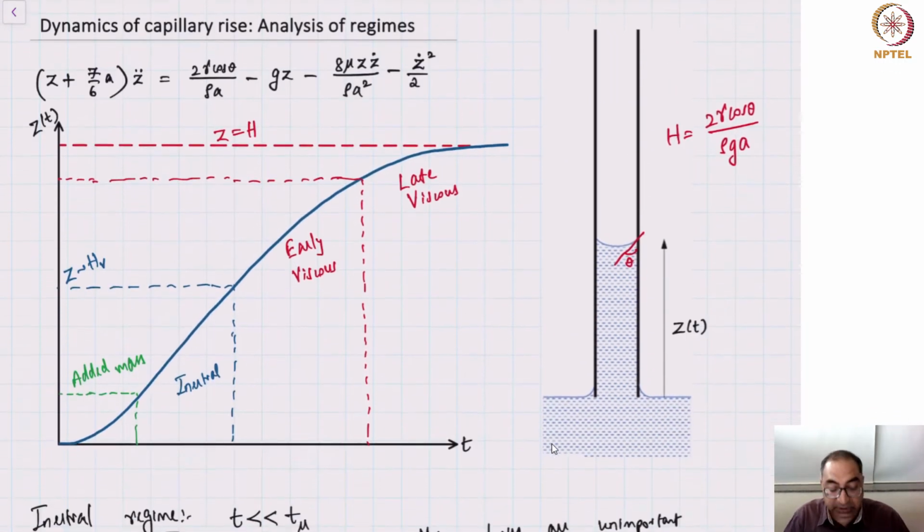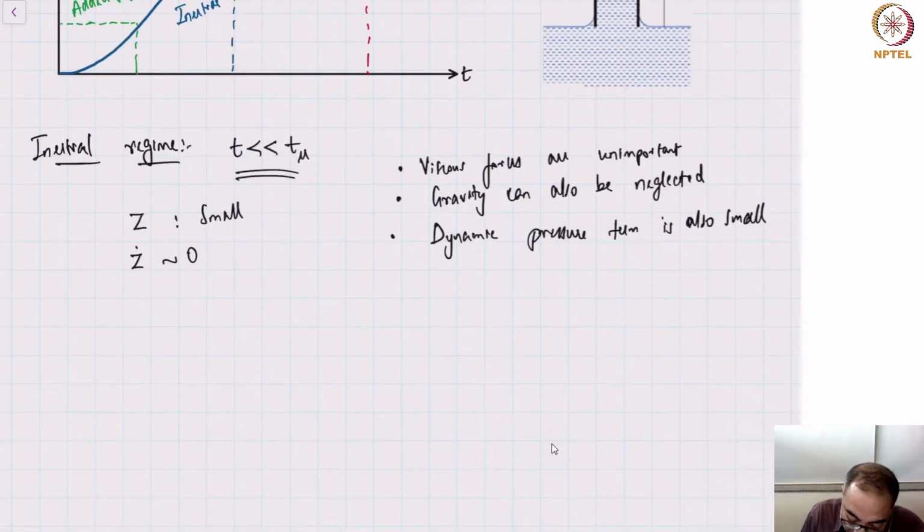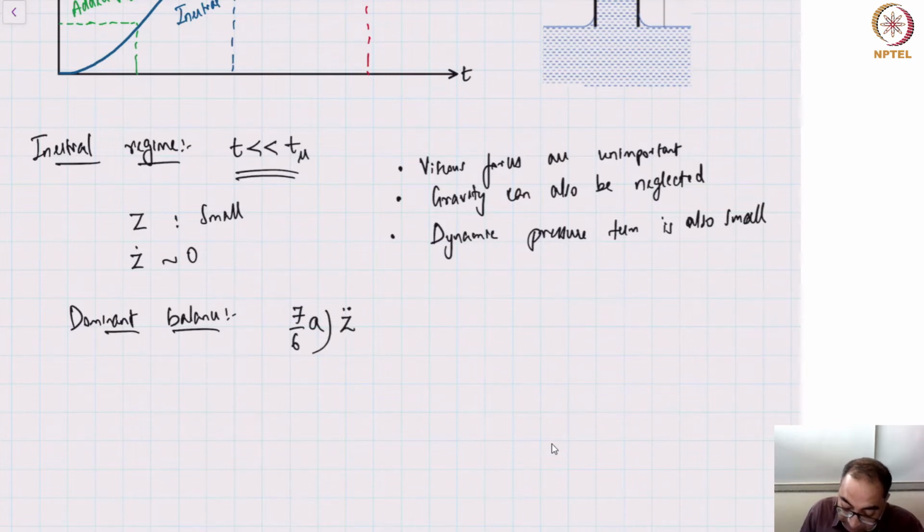Now let's look at this equation here. If you look at all the terms of this equation, z is small. When I say small, it is small compared to the second term, which is 7 by 6a on the left hand side. So the dominant balance, on the left hand side, you have 7 by 6a times z double dot.